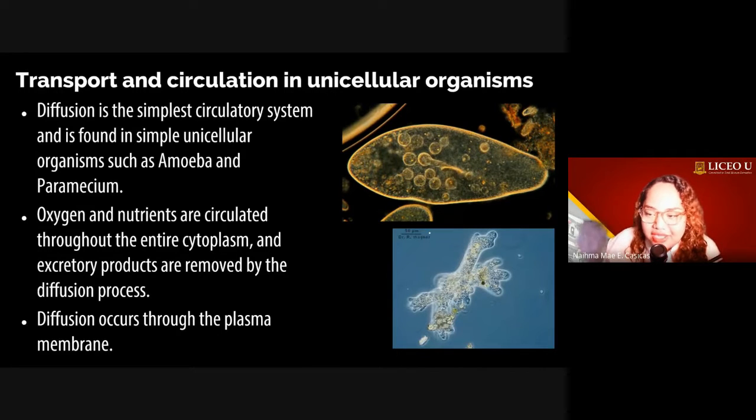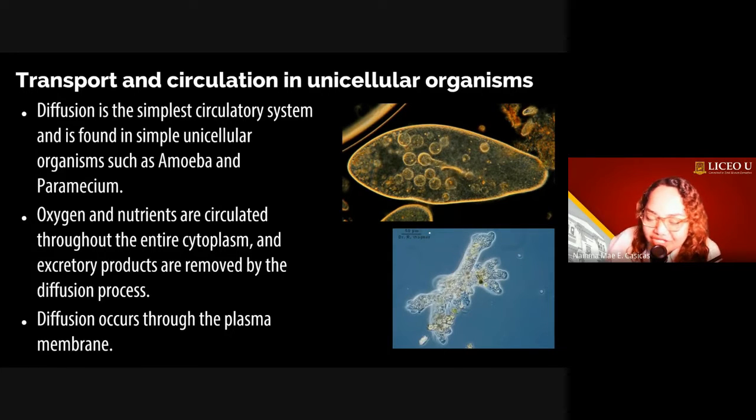No, so this is being performed by very simple organisms like your amoeba, kato akong storya bitaw atong Tuesday, katong amoeba, which causes amoebiasis. They make you vomit and poop a lot. And your paramecium.